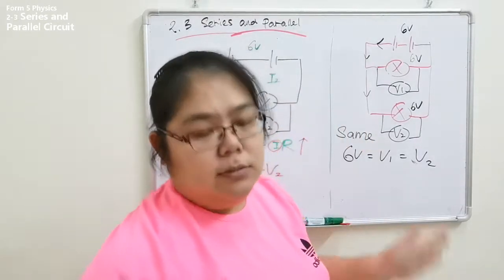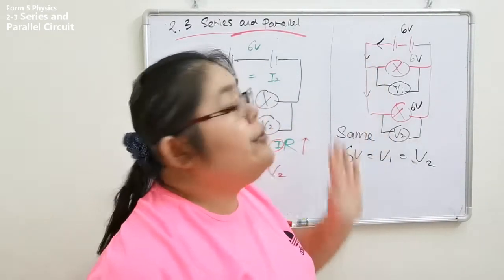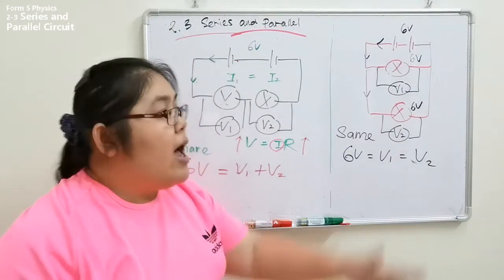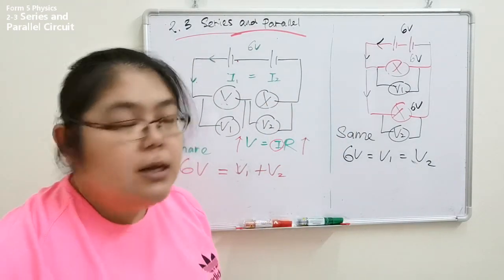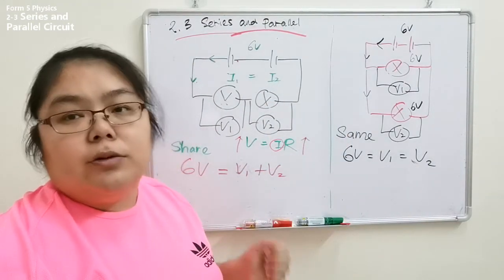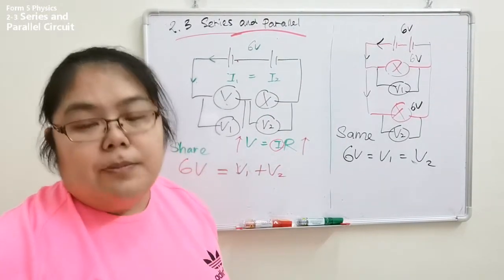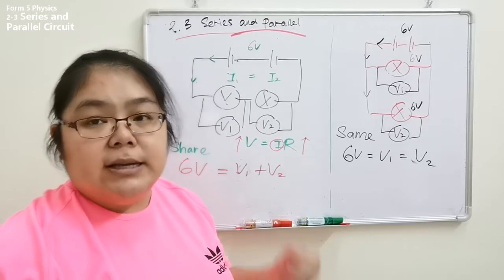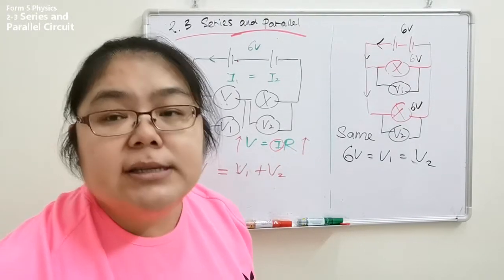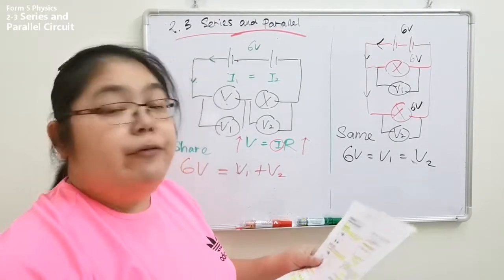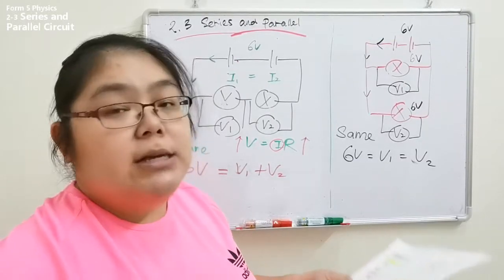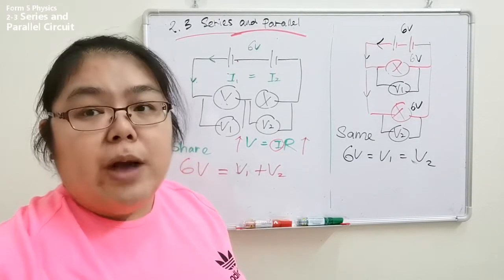So this is an advantage when we join with the parallel circuit. If either one of the bulbs cannot function, the wire can still continue to function, letting the current flow to the second level, then the bulb can be on. So this is the difference between series and parallel. You can refer to the diagram I show you for the difference between parallel and series.